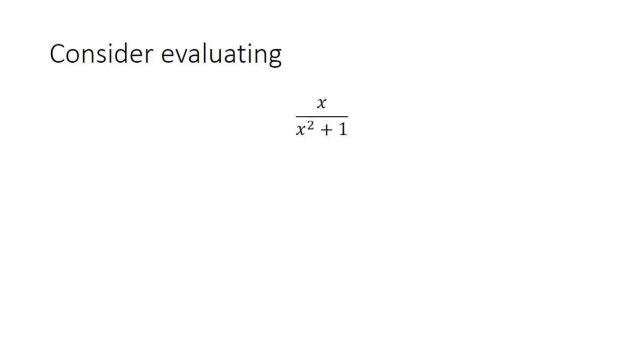So consider that we had this expression that we wanted to evaluate, x on x squared plus 1. And so if x becomes extremely large, then we actually have a problem here. For x large, that x squared is going to be gigantic. And what will happen is that x squared will overflow to infinity. And so then we will get something divided by infinity, which is 0.